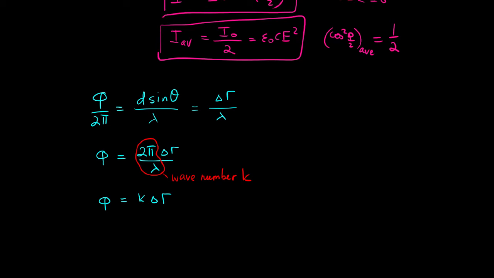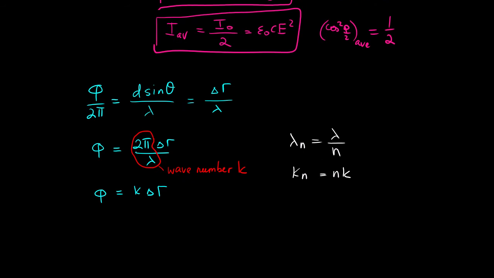The wavelength in the material can be found by lambda n equals lambda in vacuum divided by n, where n is the index of refraction of that material. Hence the wave number in that material, k n, should equal n times k.